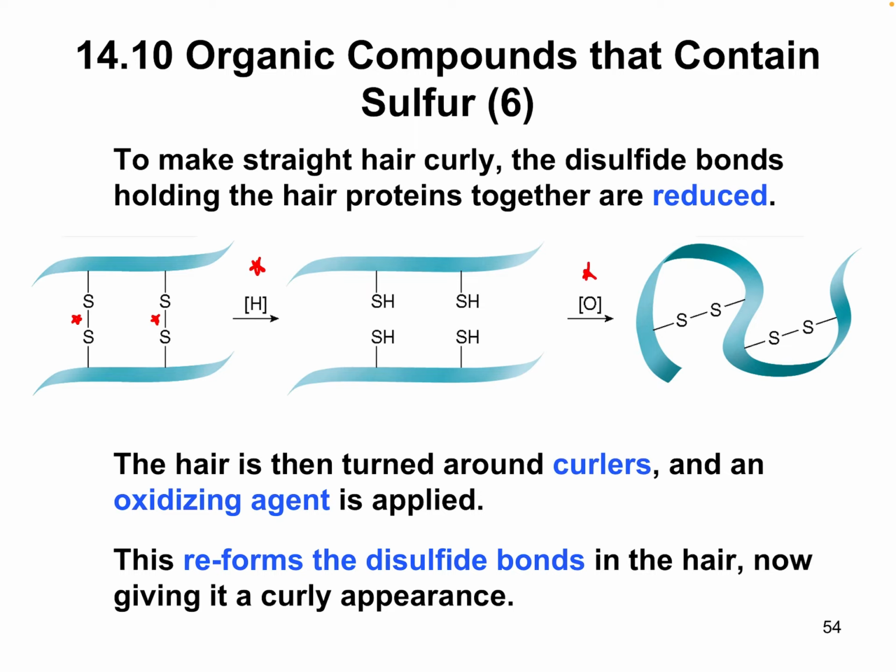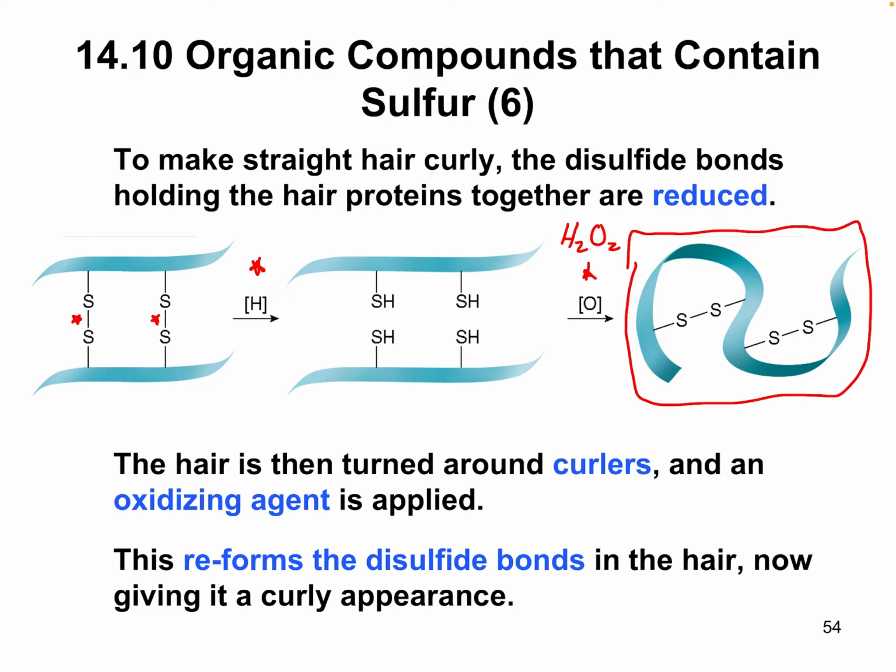And then after that, the hair is treated with a mild oxidizing agent. The oxidizing agent that is normally used in perms is hydrogen peroxide, H2O2, a very common, gentle oxidizing agent that is used to reform disulfide bonds. But if you look, now that the hair is in curls, the disulfide bonds are different.